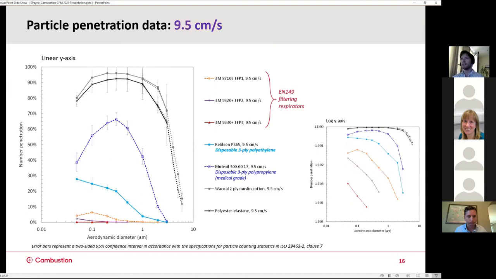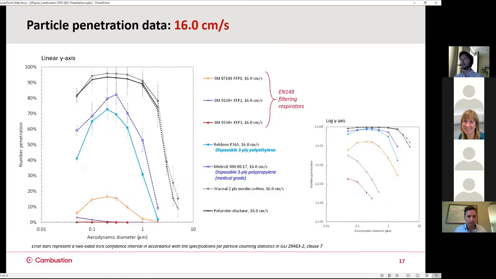As we increase the face velocity, this reduces the timescale for collection by diffusion and electrostatic forces, so it tends to push up the penetration in the submicron range, and again at 16 centimeters per second. However, with the cloth face coverings, again, it is necessary to extend right into the microscale and have the equipment to do that to determine where they start to show good filtration efficiency.